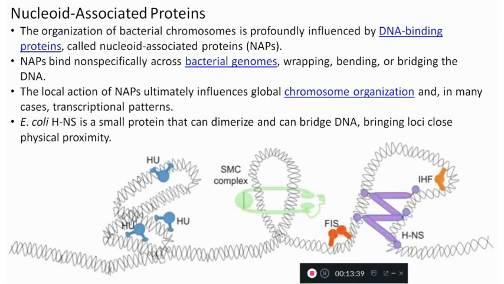We will see that there are other proteins which also help in holding the DNA's secondary structure in different ways. You can see this SMC protein, structural maintenance of chromosome protein. This protein is a dimeric structure. It holds the chromosome.